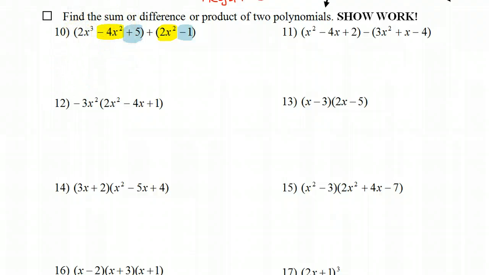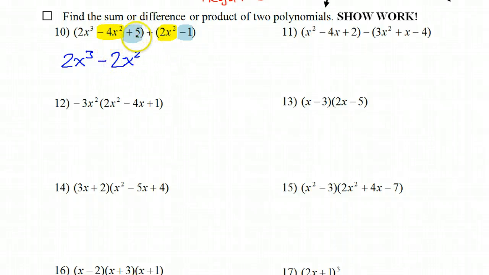Okay, 2x to the third power, it doesn't have anything to combine with, so we'll just bring that down. 2x to the third power. Negative 4x squared plus 2x squared. Well, negative 4 plus 2 is negative 2. And then the x squared just stays the same. When you combine like terms, the only thing that changes is the coefficient.